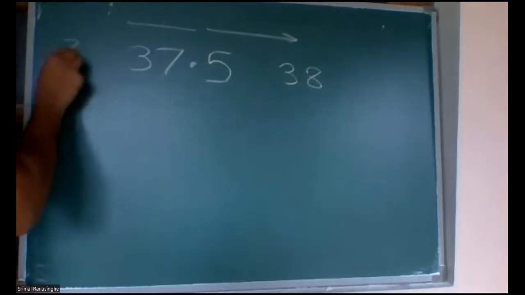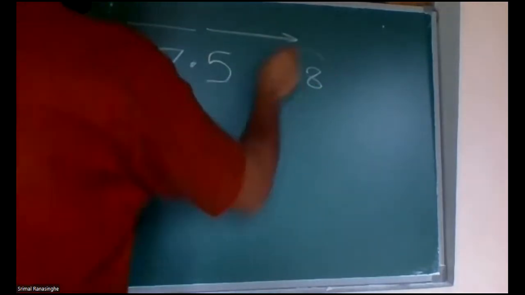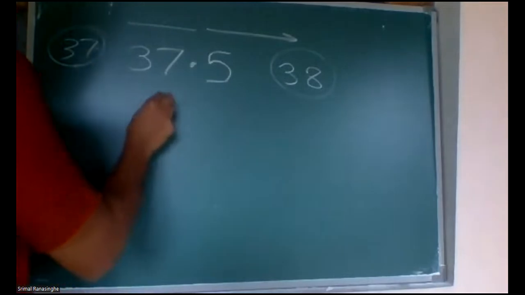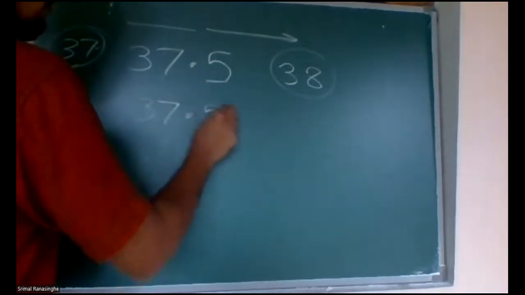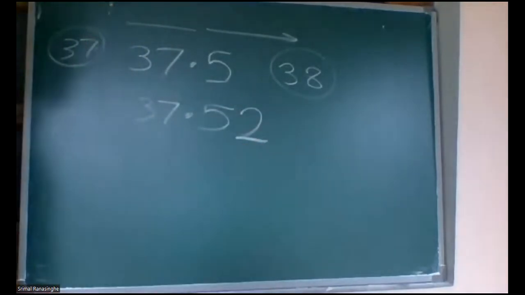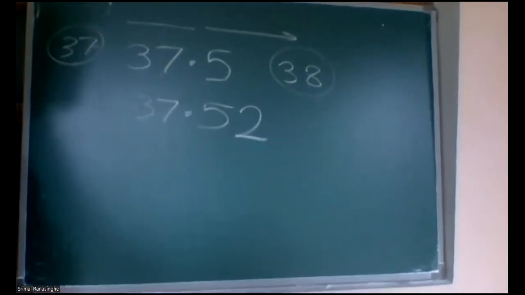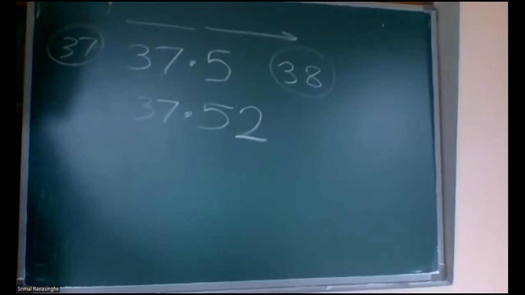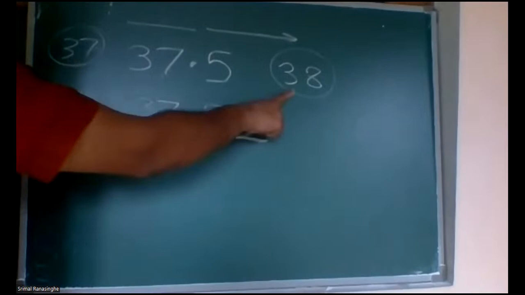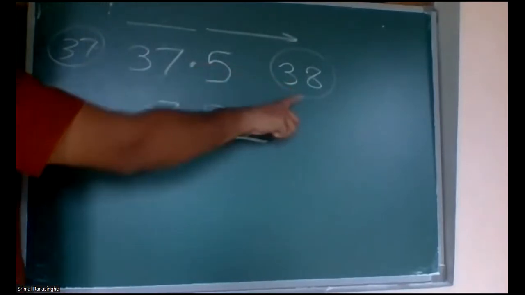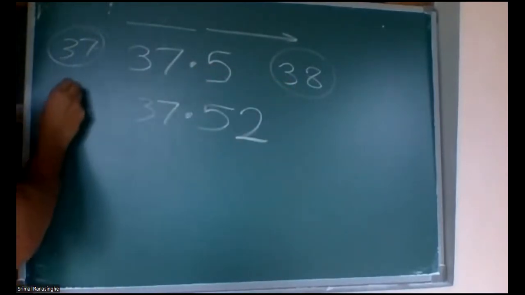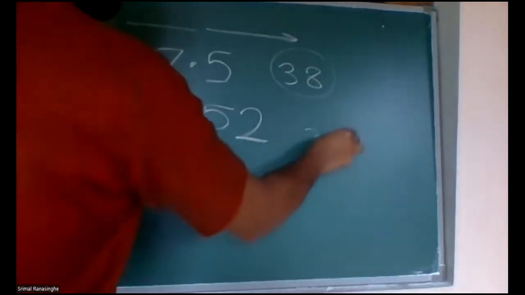Assume this way, I'll put here 37.52. So what is the decimal place? 38. Assume they are asking to write the nearest whole number. So what can happen? 37, no, 38.